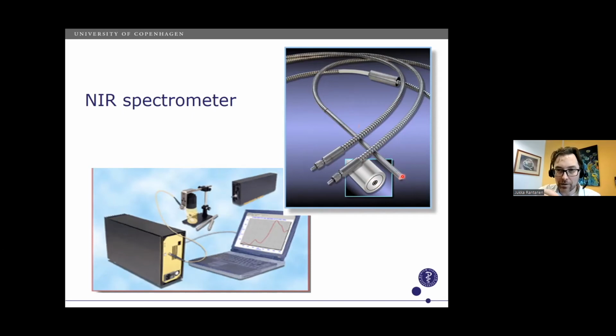So you can touch the tablet and then measure it, or you can touch the granules and then measure the granules. And that would be another way of interfacing the process. So of course these have to be made of stainless steel, so they are not getting rusty or having any problems when in contact with pharmaceuticals. But these are something that can be used for measuring liquid, suspension, powder, many different types of samples.